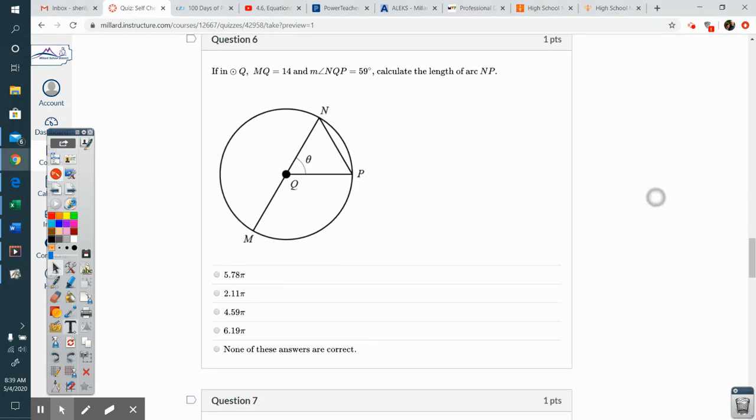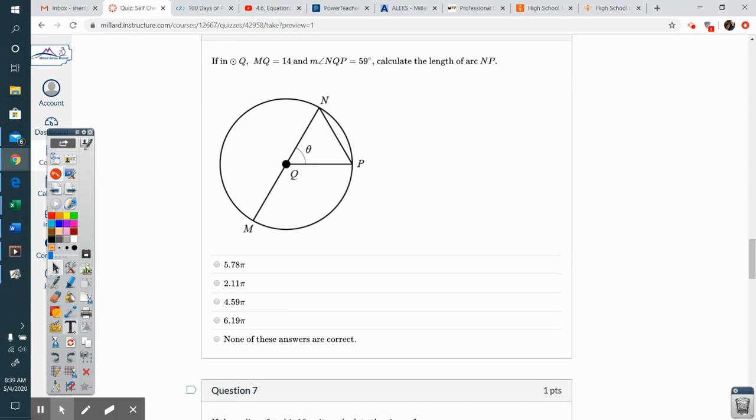Okay, next one. In this circle Q, MQ is 14, right here. And it says that the measure of NQP is 59. So right here is 59. It wants to calculate the length of this arc right here.